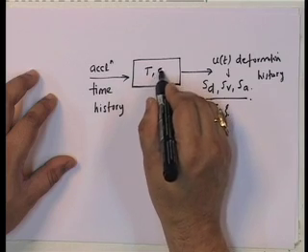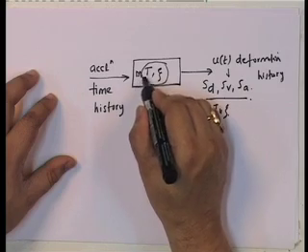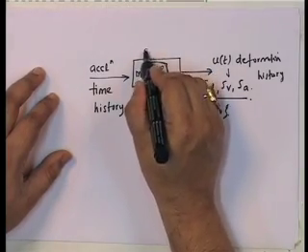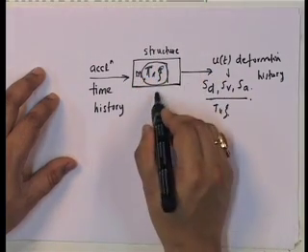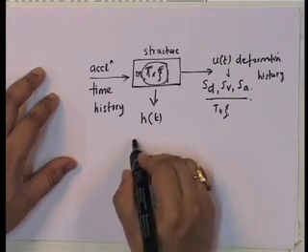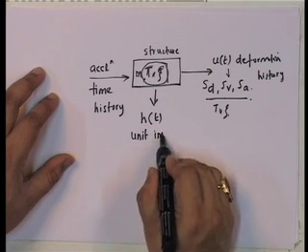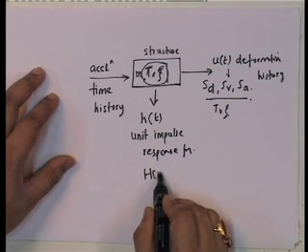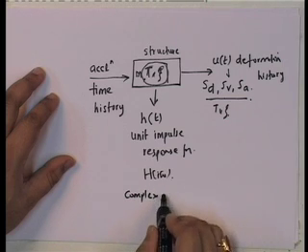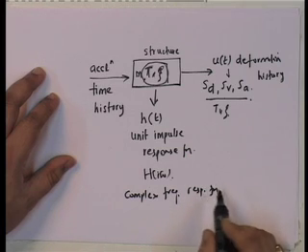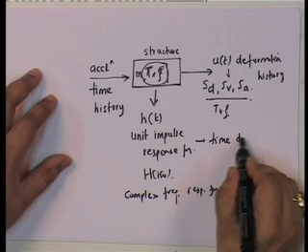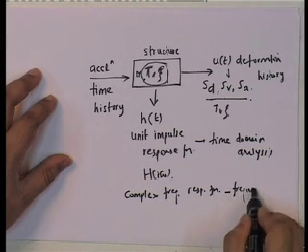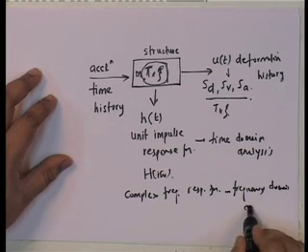Now, this structure is defined by m, t and xi, and it is represented either by h of t, the unit impulse response function, or H of i omega bar, which is the complex frequency response function, depending on whether you do time domain analysis or frequency domain analysis.